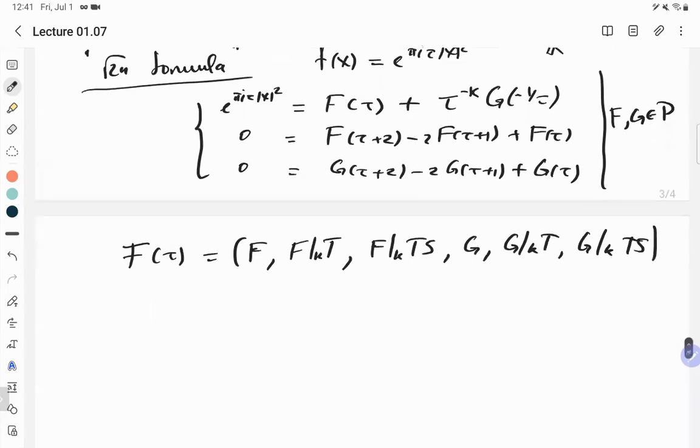And the reason, so this looks somewhat complicated. The nice thing about this vector is that if you use star, you can rewrite what happens.